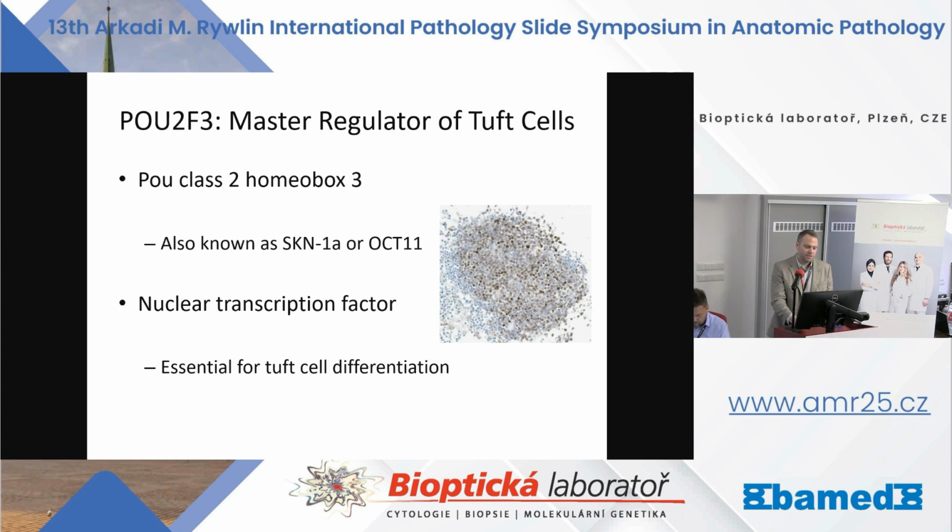As you probably noticed, it's a nuclear transcription factor, and those are always nicer stains to look at, usually without wimpy membranous staining. As I mentioned, this transcription factor is crucial for tuft cell differentiation, which was discovered through a CRISPR screening. I'll get more into that later.